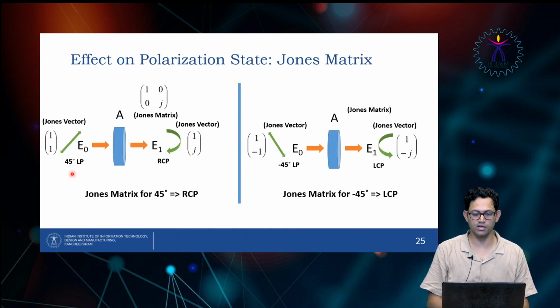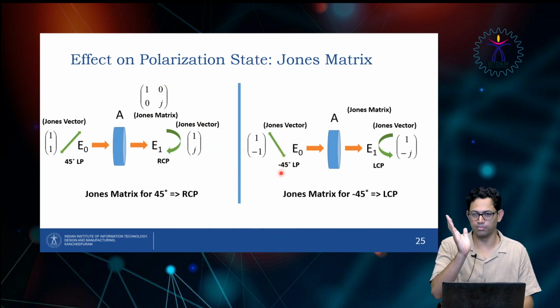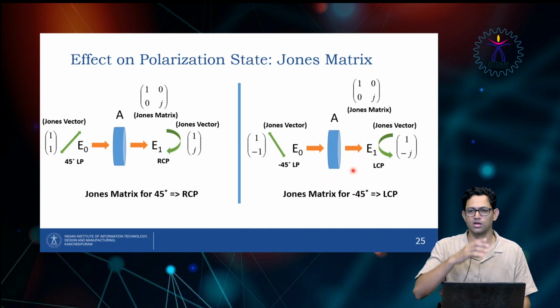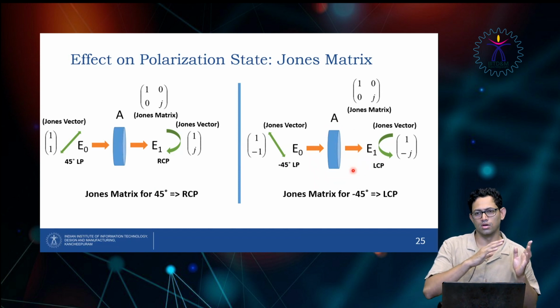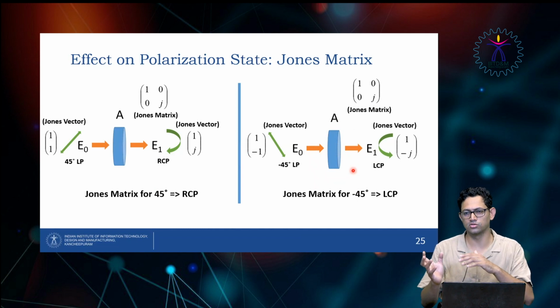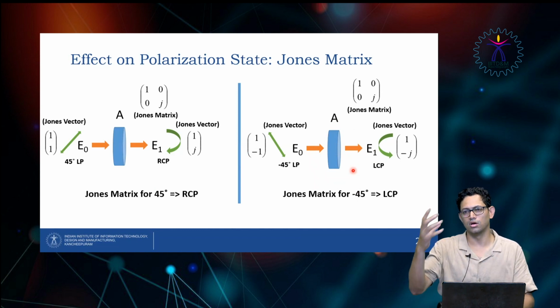Similarly, if I convert from 45 degrees to right circular polarized light, I use the matrix 1 0 0 j. Now similarly, if I have minus 45 degree polarized light and I convert it into left circular polarized light using a quarter wave plate, I can use the same Jones matrix. So the same Jones matrix of that quarter wave plate can be used to convert from positive 45 degrees to right circular polarized light, or minus 45 degrees to left circular polarized light.